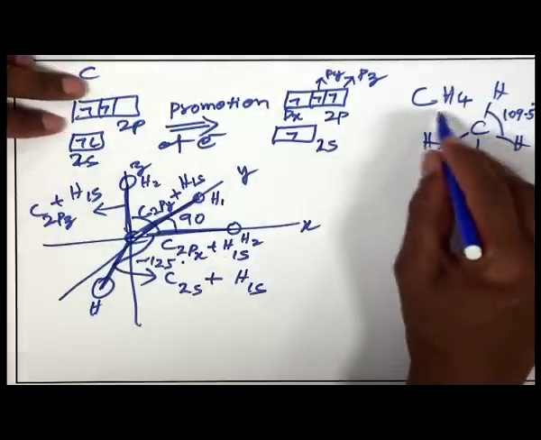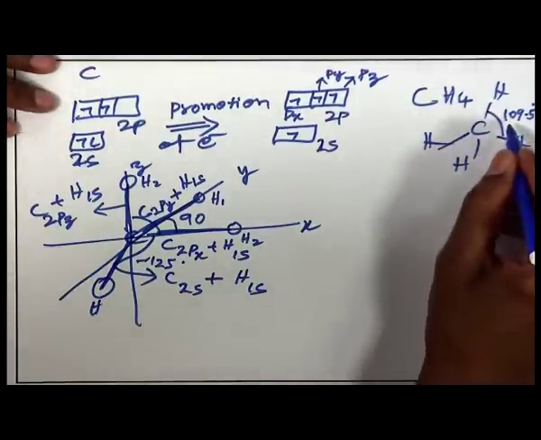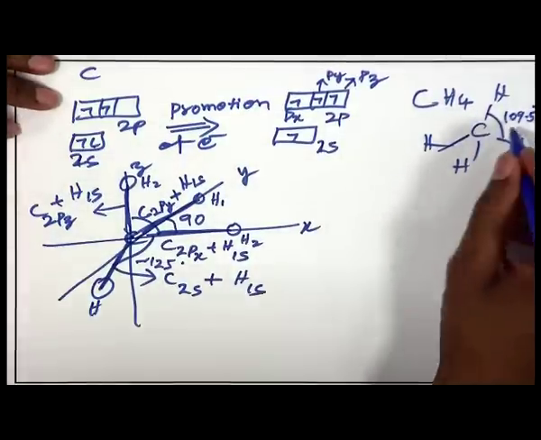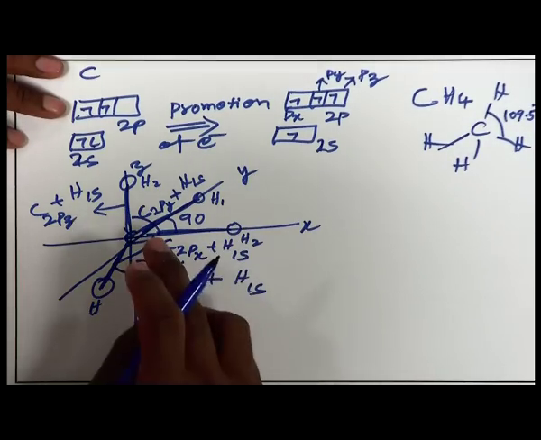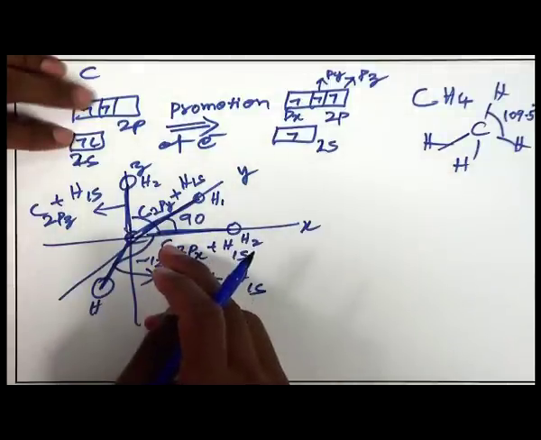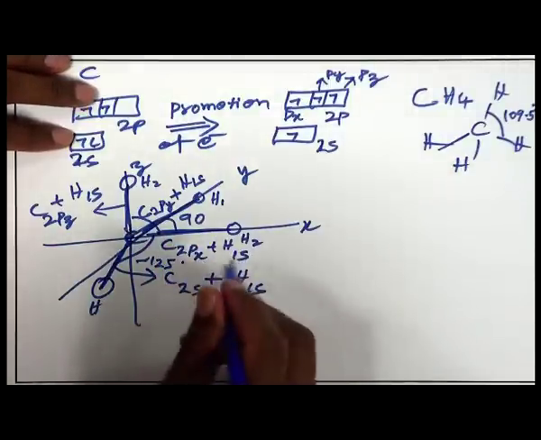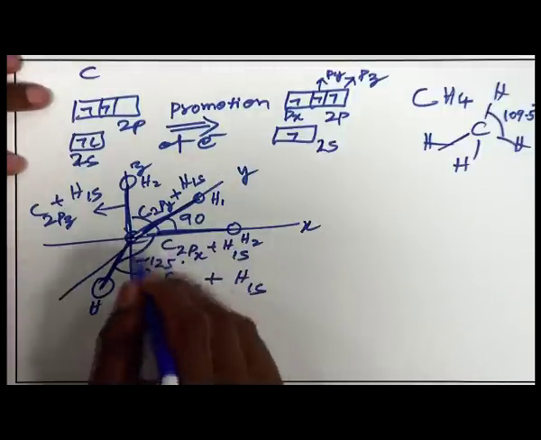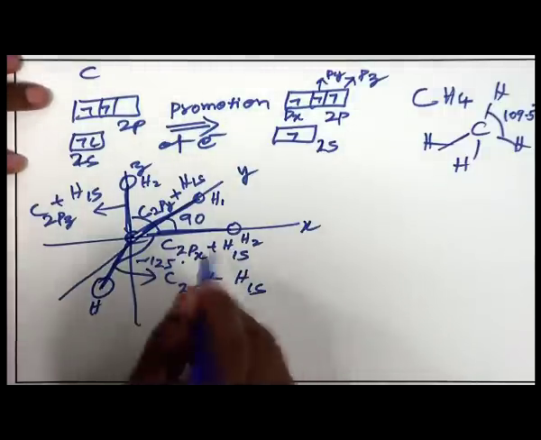In reality, in the methane molecule, the angle is 109.5 everywhere; any angle you take will be the same value. But if you go this way of bond formation, you would end up with a molecule having certain angles of 90 degrees, certain angles of 120 degrees, which is not the case.